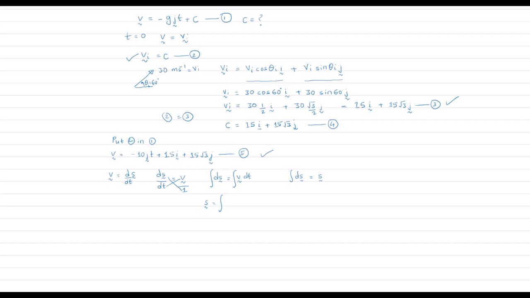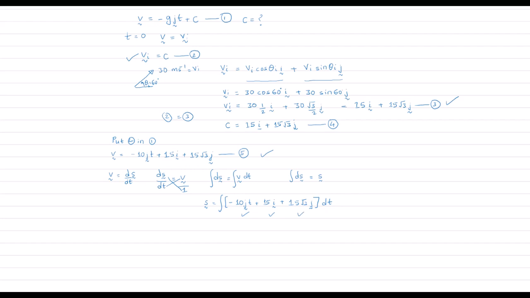That will be the integral of (minus 10 t j plus 15 i plus 15 root 3 j) times dt. This should be considered as an integration made up of 3 terms. This is my term number 1, this is my term number 2, and this is my term number 3.